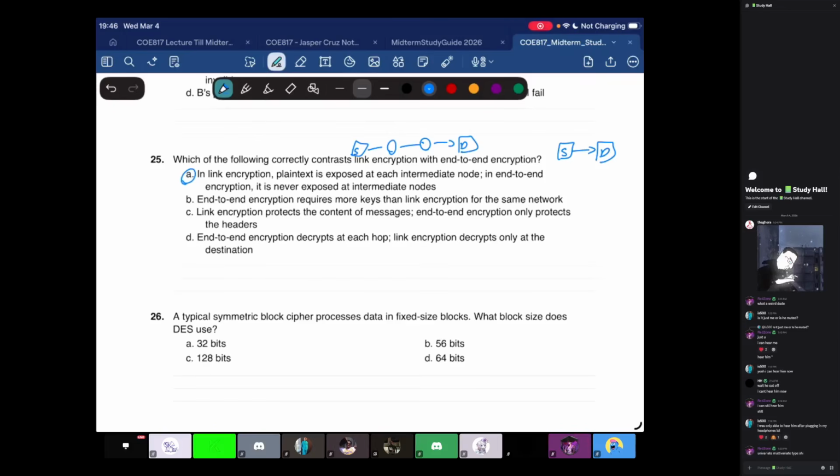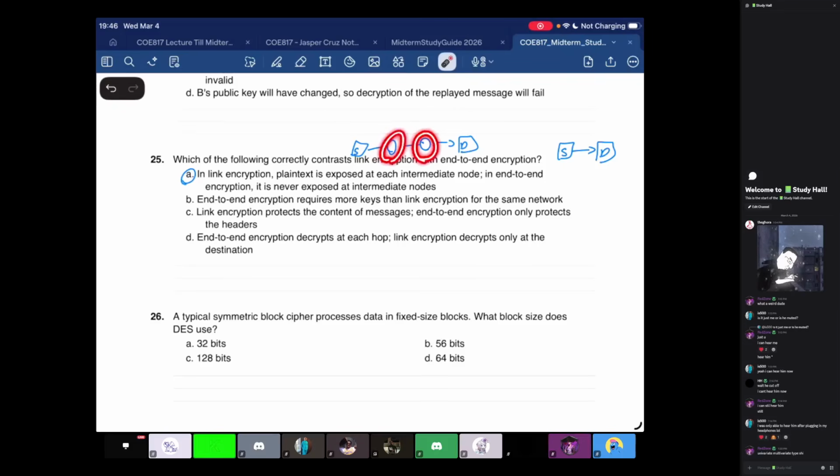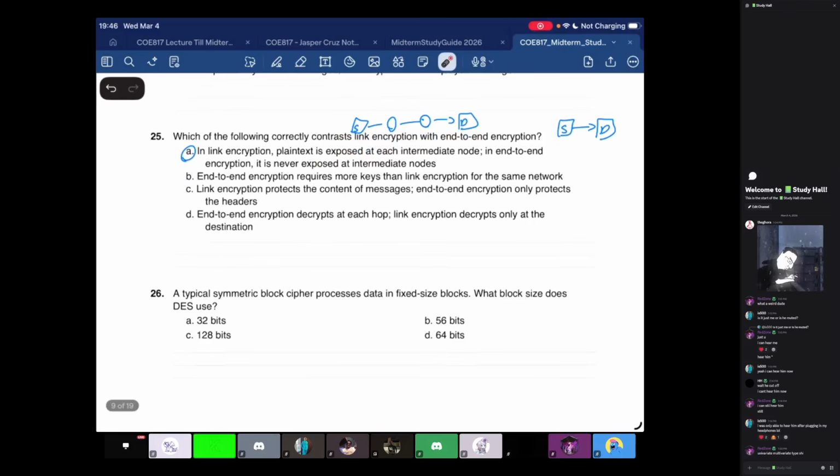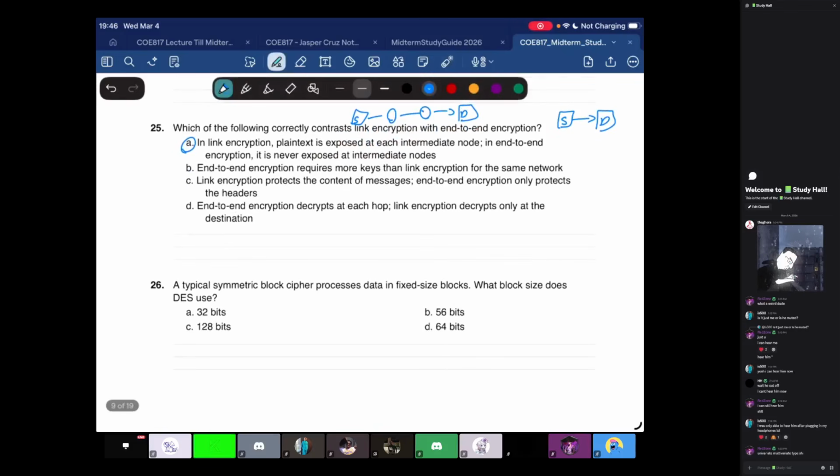So the decryption and encryption happens at each stage in between. Therefore, it makes this kind of communication a little bit unsecure, as let's say the source is trying to send some important information, a password or a key, over to the destination, each of the nodes in between will always be able to see that and take it out if they're an attacker. And that's what differentiates link and end-to-end.